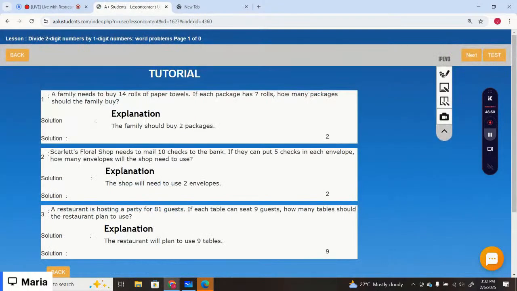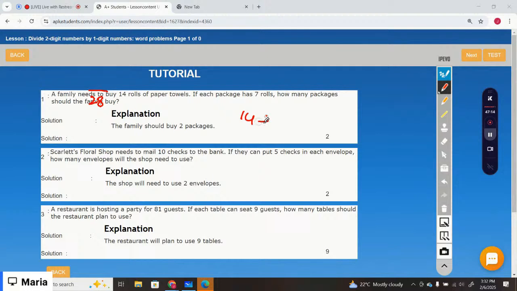A family needs to buy 14 rolls of paper towel. If each package has 7 rolls, how many packages should the family buy? So they want to buy 14 rolls and each package has 7 rolls.